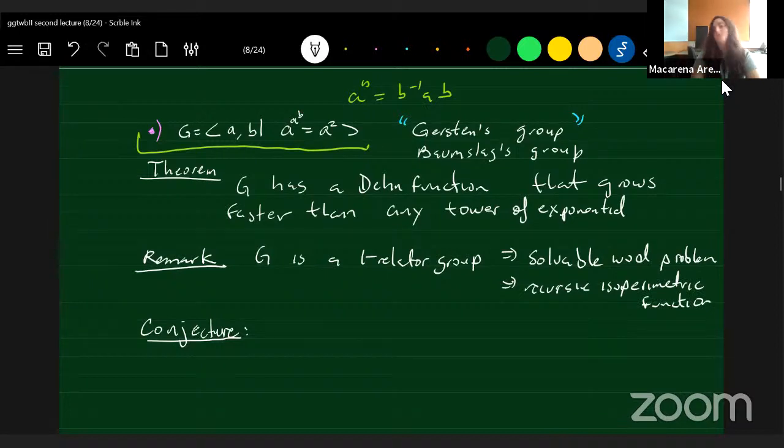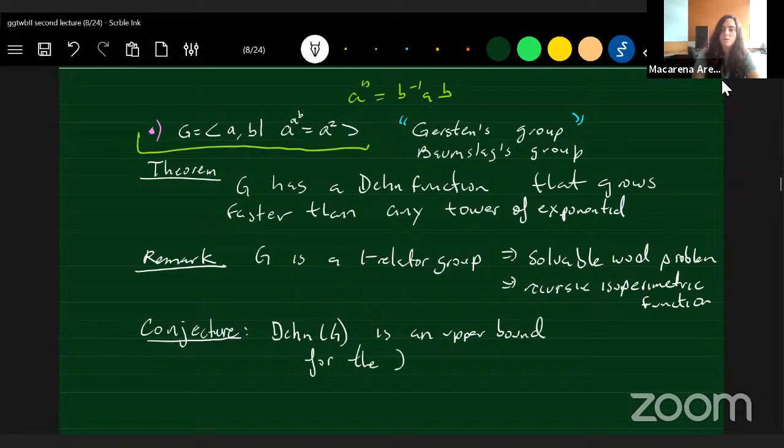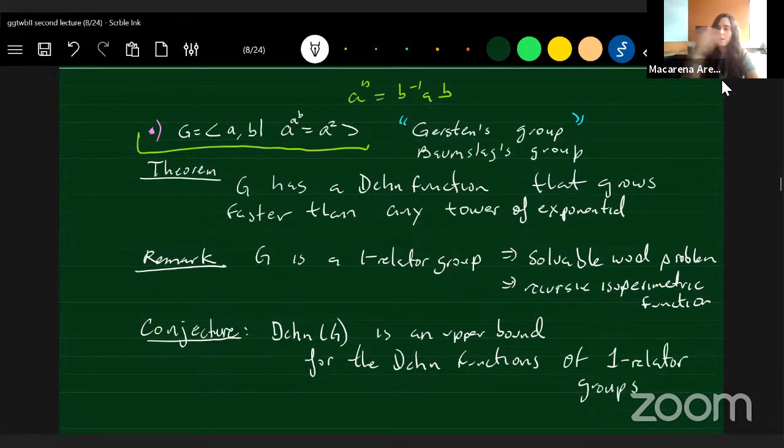And it's conjectured that the Dehn function of G is an upper bound for the Dehn functions of one relator groups. So it's conjectured that there exists no one relator group that has a Dehn function that grows faster than the Dehn function of Gersten's group.